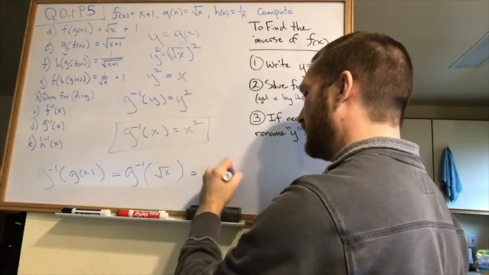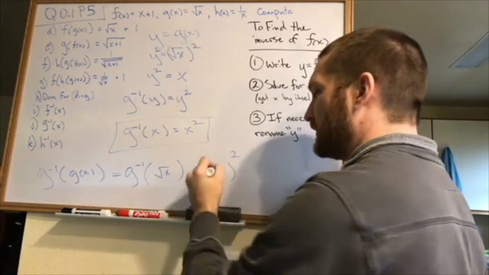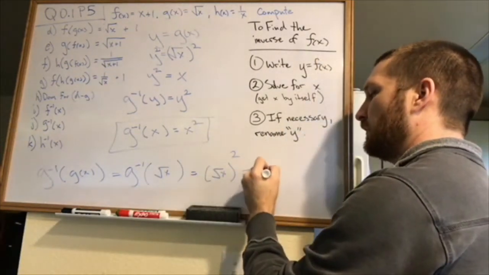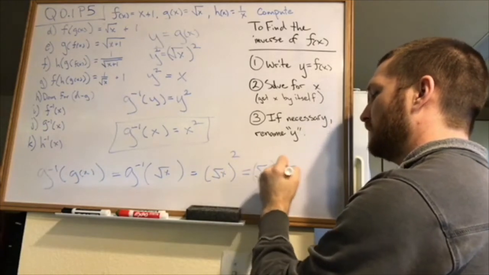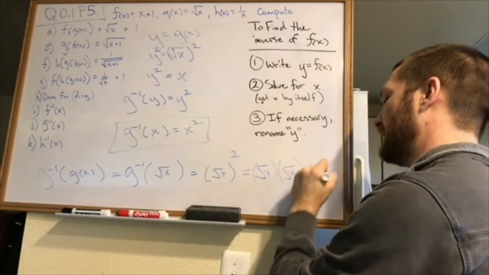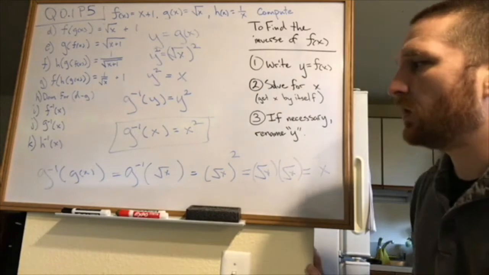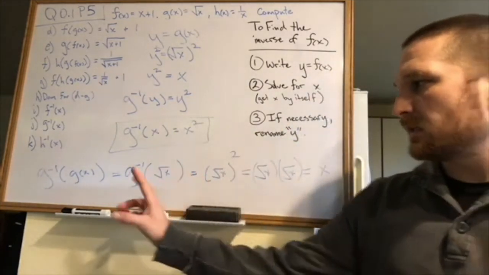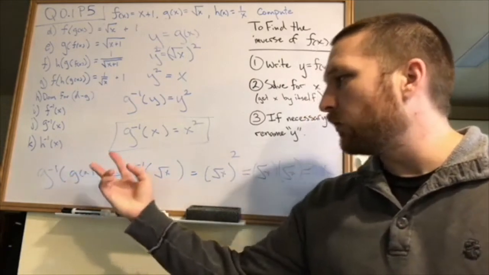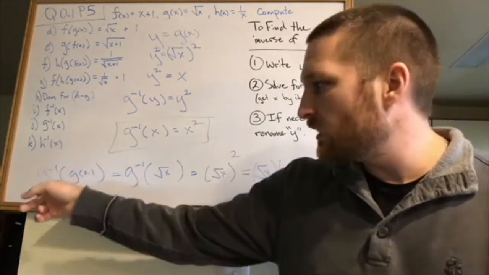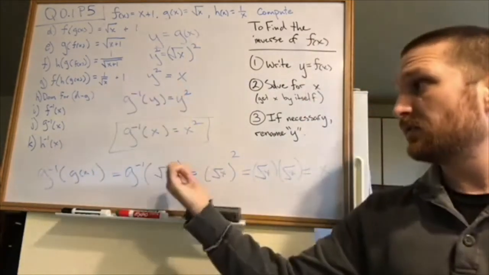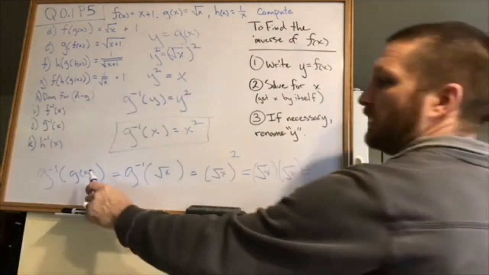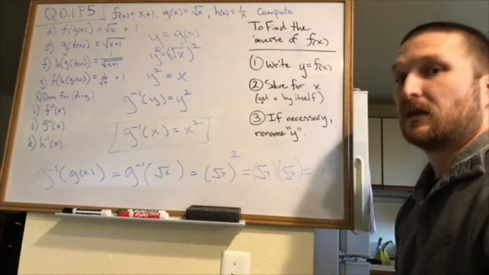What's inside? That's the square root of x. So that's the square root of x times the square root of x, which is just x. So we found a formula for the inverse, and we've checked that when we do it in both ways, g of x and then g inverse, or g inverse of x and then g of x, we end up right where we started with this x. So that is good to go.